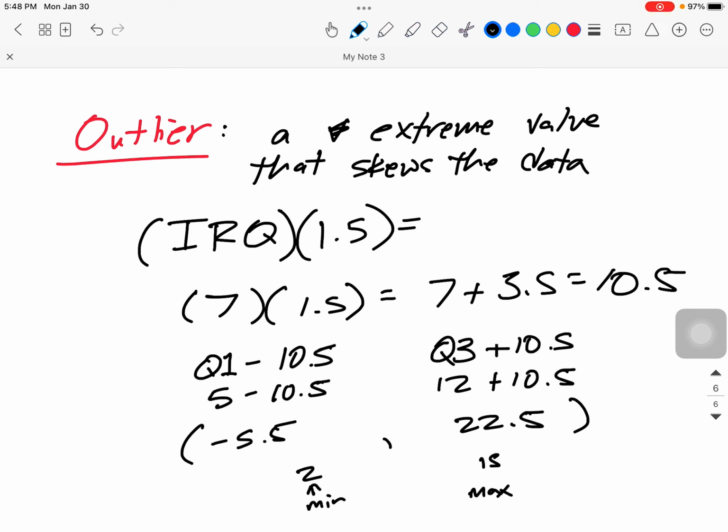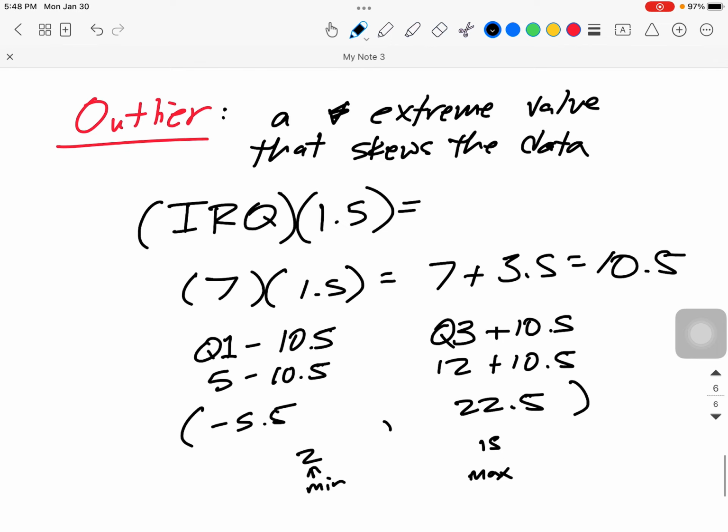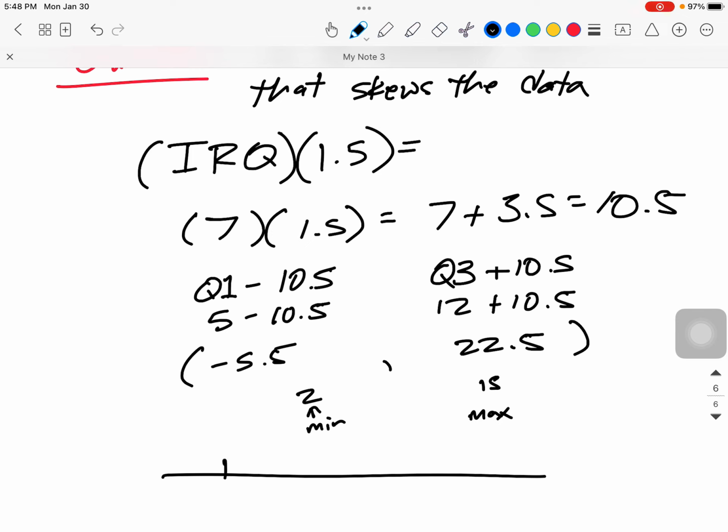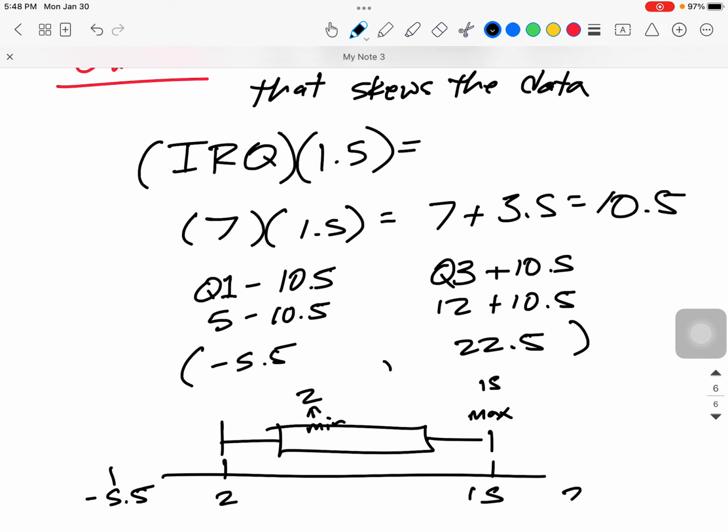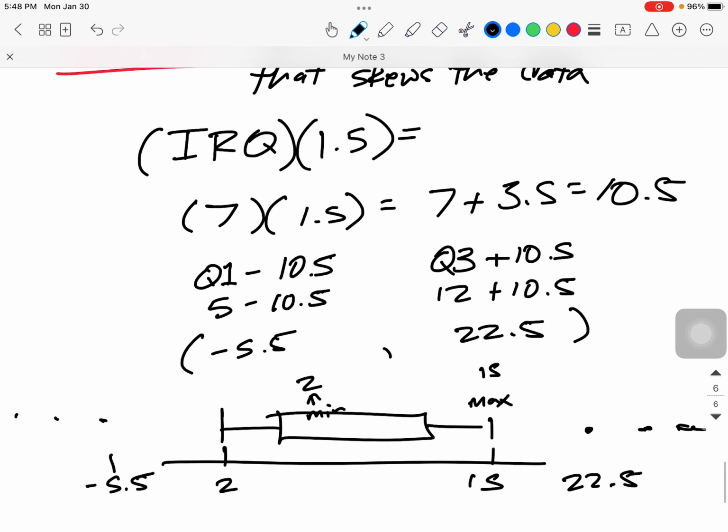And what these numbers, negative 5.5 and 22.5, say is that this boundary, this cushion, is where, if I had any values, so again, my box plot's in here, negative 5.5 is down here on the number line, 22.5 is out here. If I had any data beyond 22.5 or beyond negative 5.5, creating this new interval, anything beyond that would be considered an outlier.